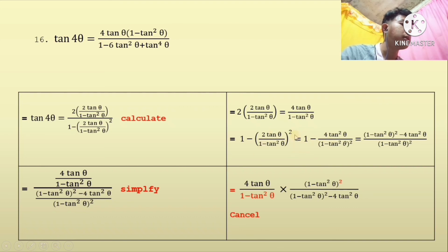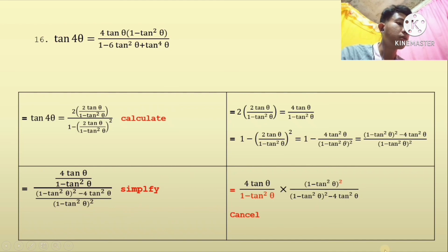So it will become 1. If we square this, it will become 4 tangent squared theta over 1 minus tangent squared theta squared. So let's calculate. It will become 1 minus tangent squared theta squared minus 4 tangent squared theta over 1 minus tangent squared theta squared. So copy. Our equation will be this.